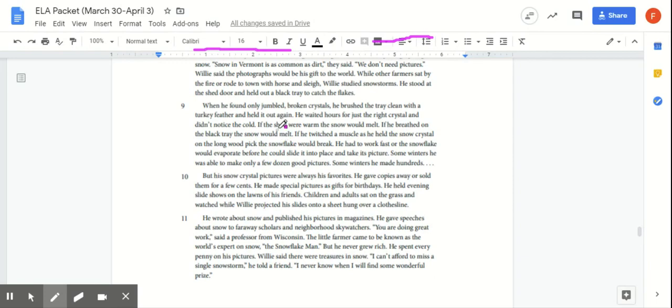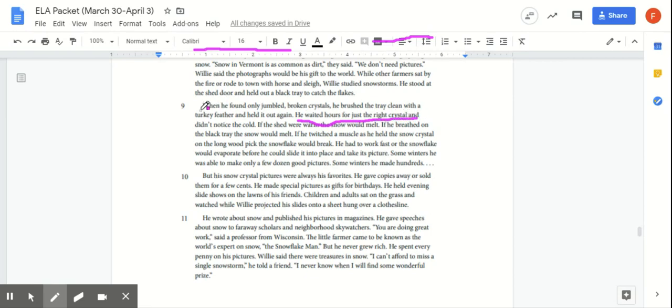This paragraph is specifically talking about Bentley's dedication. I'm going to underline some notes that would prove that point. So the first sentence that I noticed, he waited hours for just the right crystal and didn't notice the cold.